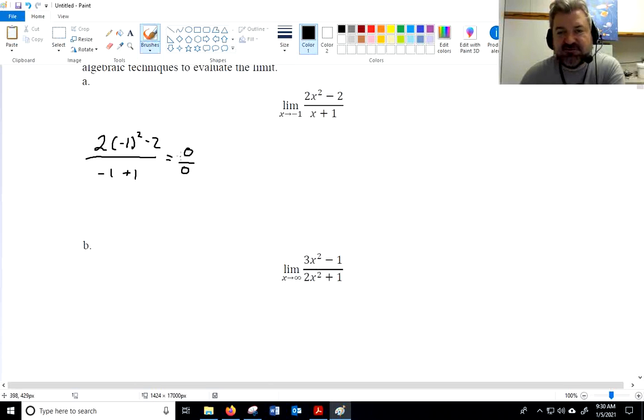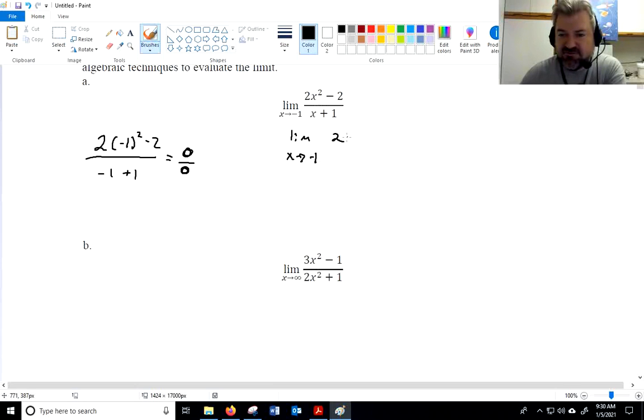So this is an indeterminate form. Keep in mind, we're not saying divide by a true 0. This 0 here, since we're trying to evaluate a limit, is actually a value approaching 0. So a value approaching 0 divided by another value approaching 0, we don't know what that is. So because it's indeterminate, we will use algebraic techniques here to see if we can't evaluate this.